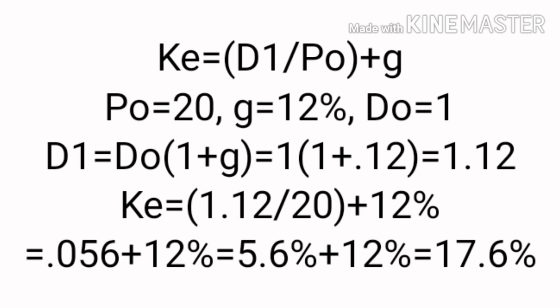Cost of equity is equal to D1 by P0 plus g, where P0, the market value, is 20, g is the growth rate which is 12%, and D0 is the present dividend, that is 1. D1 is equal to D0 into (1 plus g), 1 into (1 plus 12%), that is 1.12. Substituting, K is equal to 1.12 divided by 20 plus 12%, that is 0.056 plus 12%, 5.6% plus 12%, equal to 17.6%, which is the cost of equity.